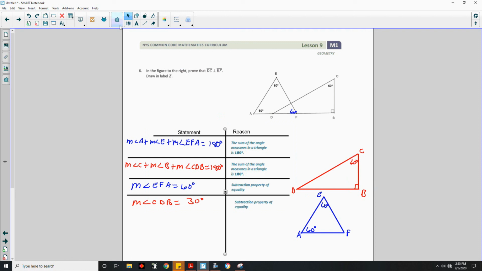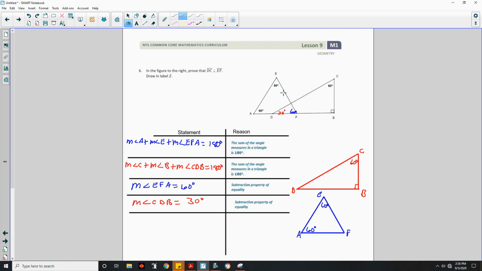Let me extend this down. Draw another line. Okay, so now I can write in my diagram, always label your diagrams, this is 30 degrees.